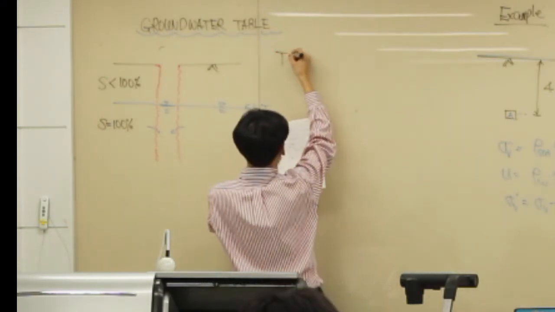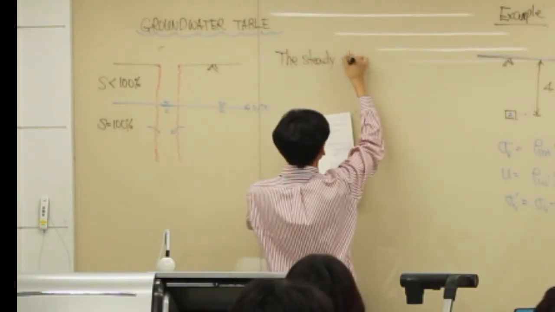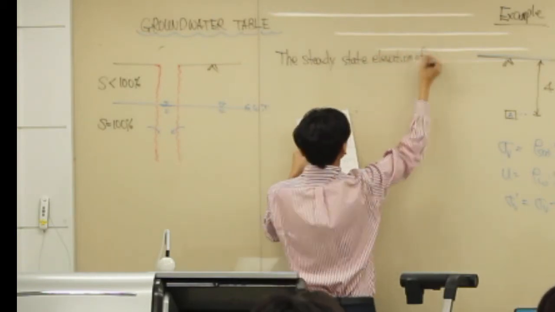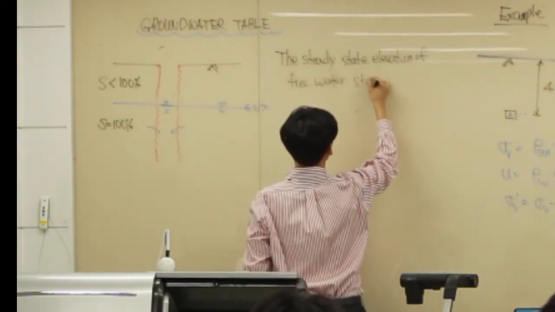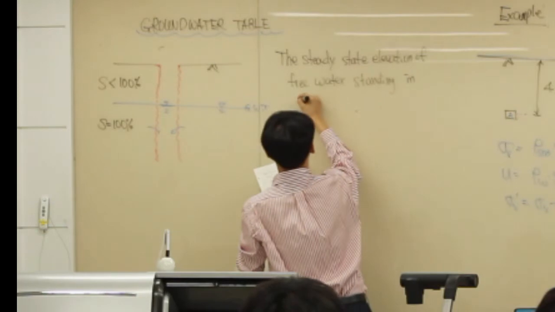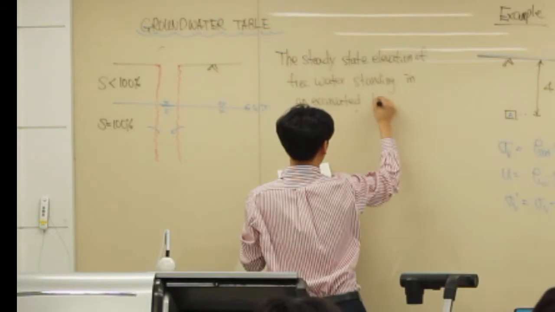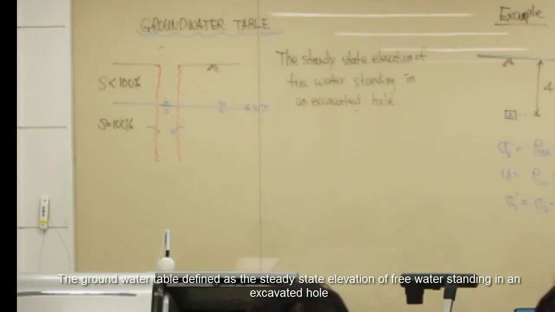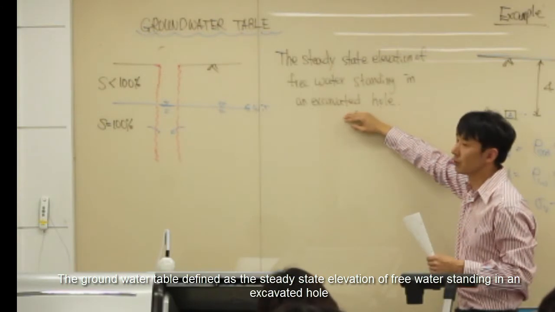So the groundwater table is defined as the steady state elevation of free water standing in an excavated hole.